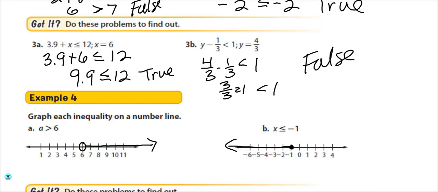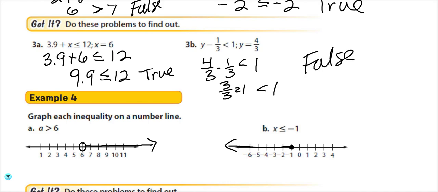If you can take the stick and close the mouth off, that means you need a closed circle. If it's open, like on A, and you can't close it, that means you need an open circle. Or just remember that if there's no line, then it's open; if there is a line, it's closed. Or remember that if you're including the number, it's a closed circle, and if you're not including it, it's an open circle. So there's three little ways to memorize that.